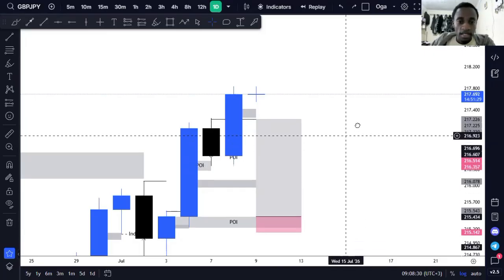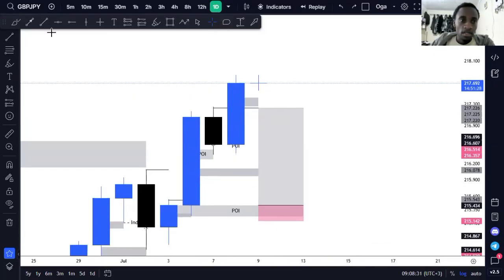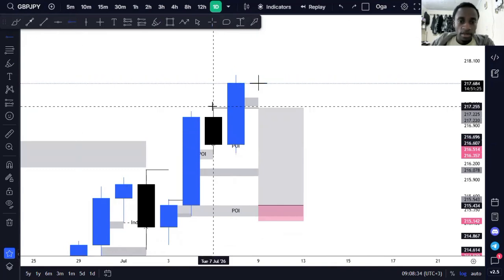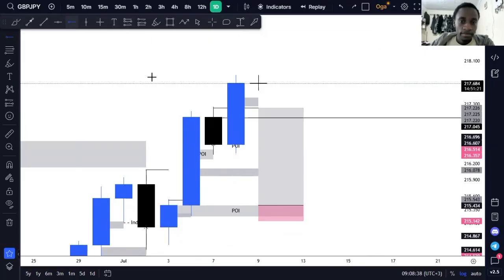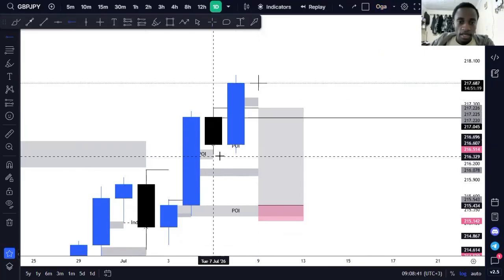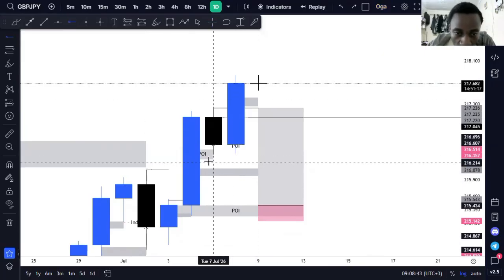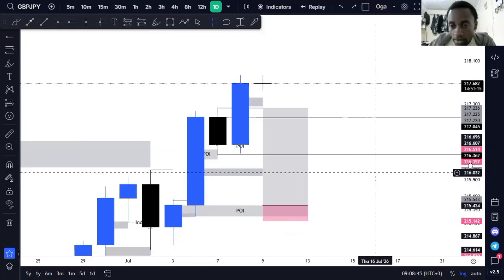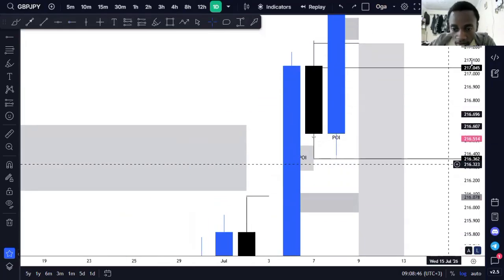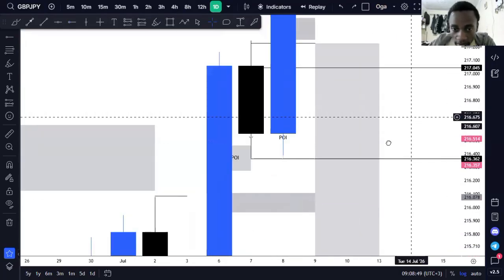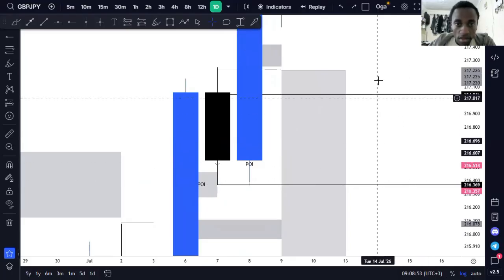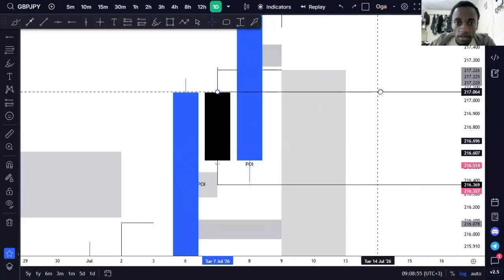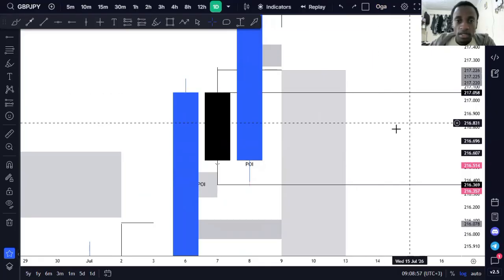Looking at the daily time frame, we had this break here, so it has presented an area of liquidity, and we shall just mark it like this. Where's the low? I think it's here. Let me adjust it so you can see it clearly. This is the area we're marking, from the body to the wick.